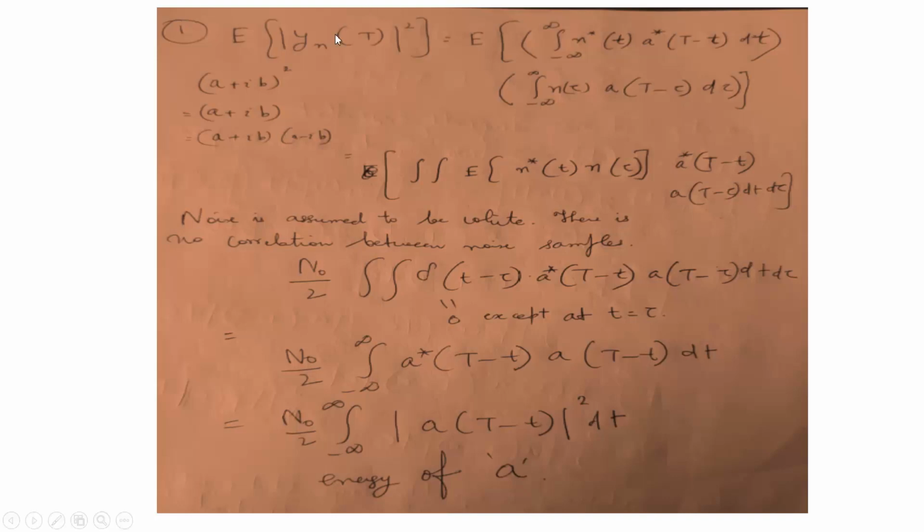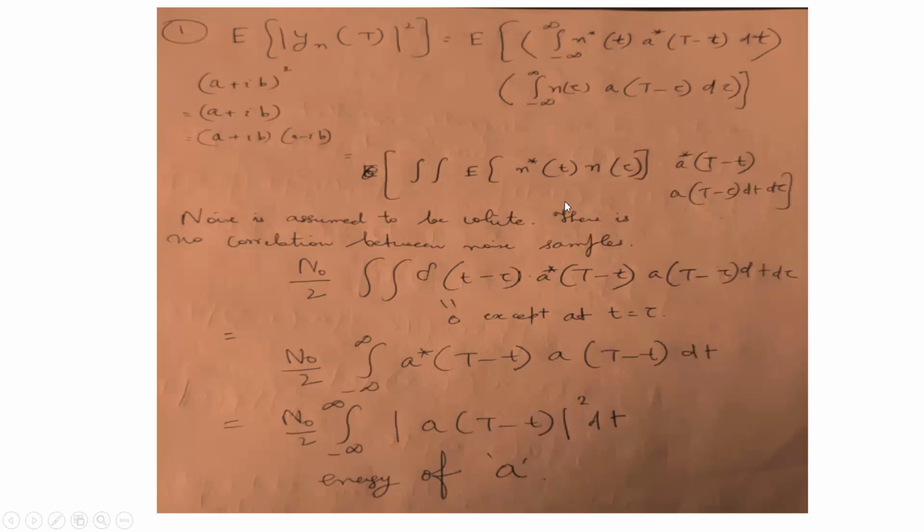We are trying to find the expected value of the noise power by establishing the correlation between the noise components, n*(t) and n(tau). We assume the noise to be white, which means there is no relationship between one sample and the other. Both are independent of each other, and there is no correlation between noise samples. So the expected value of n*(t) n(tau) will be equal to delta(t minus tau).